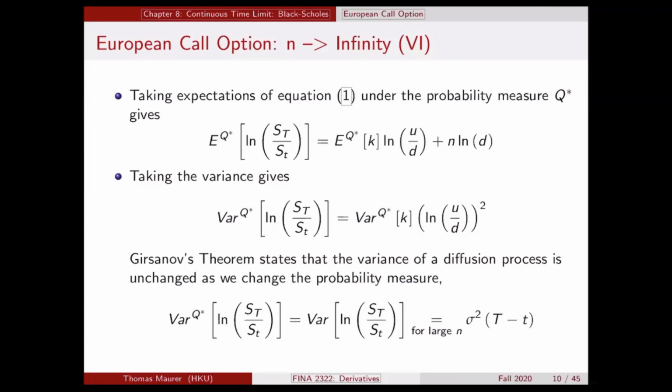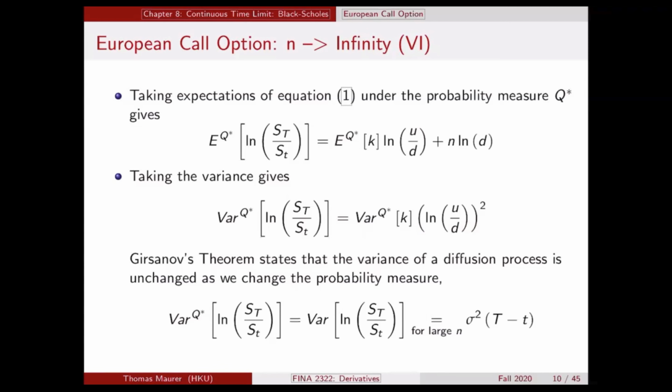Well, there's a nice theorem called Girsanov theorem, which says that whenever you change a probability measure, going from real world probability P to some artificially constructed probability Q star, then the variance actually doesn't change. So this is convenient, and we can say the variance of our log return under the Q star measure is the same as what we actually observe in the data, and so we can just set that equal to sigma squared times the time horizon.